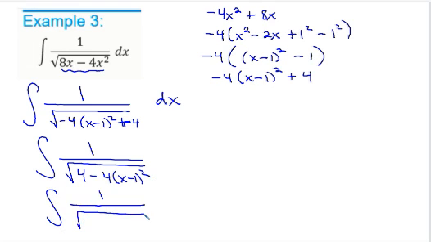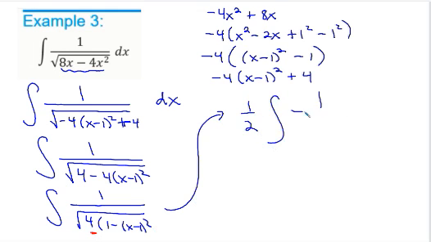So I have the square root of 4 times 1 minus x minus 1 quantity squared. And you're going to see why we're doing this in a second. Now we know that this square root of 4 can come out. It's 2. So now we can put a 1/2 out in front of 1 over the square root of 1 minus x minus 1 quantity squared.